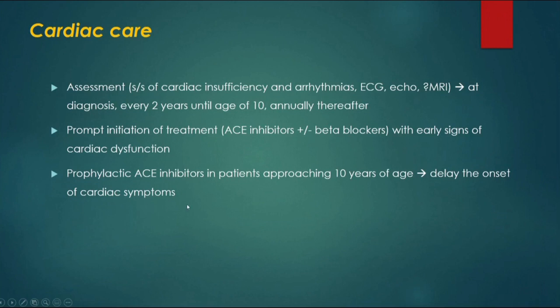Studies have shown that prophylactic ACE inhibitors in patients at around 9 or 10 years of age delay the onset of cardiac symptoms and cardiomyopathy. So it is being routinely employed. ACE inhibitors are started at around 9 years of age, even when they have no symptoms.